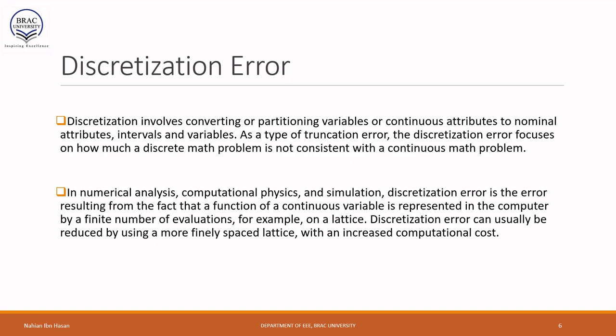To understand the discretization error, you need to know that, for example, you want to save a waveform inside the computer memory. A continuous waveform has infinite number of points within its range, but our computer memory is limited. So how can we save a waveform inside the memory?